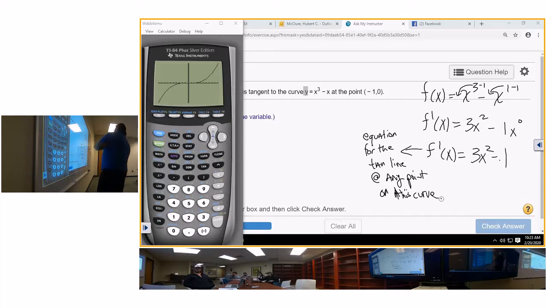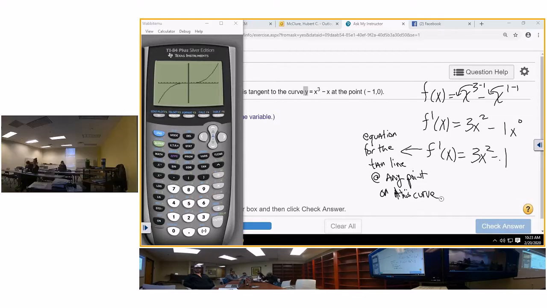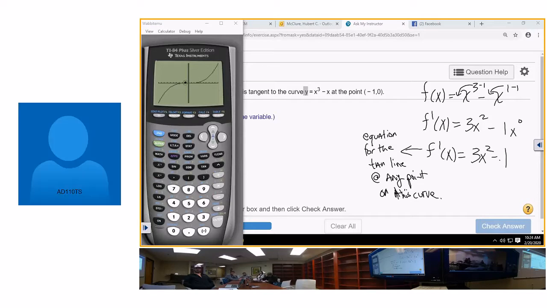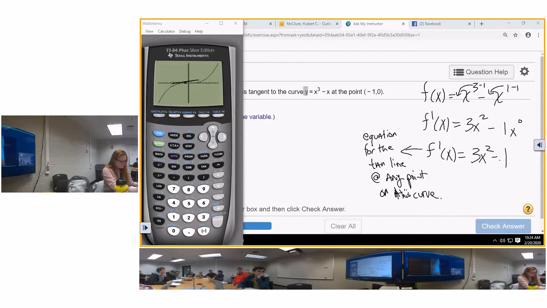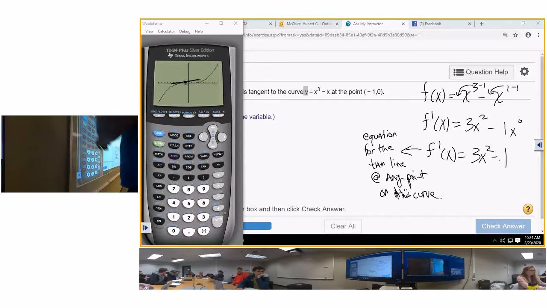So at -1, if you plugged in -1 at that point, -1 is right here. So they're wanting you to find, and technically the equation for that line is 3x squared minus 1.